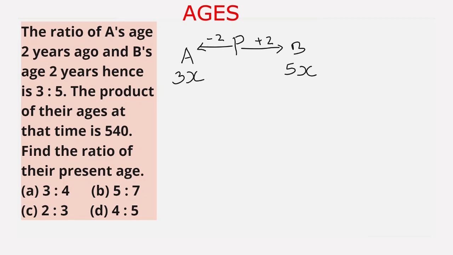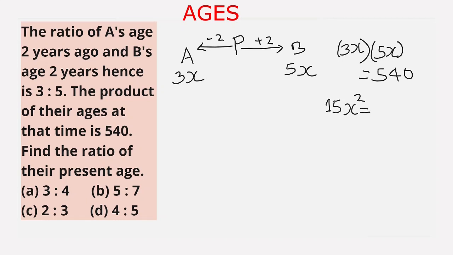And this product 3x multiplied by 5x is equal to 540, that is 15x square. 5 times 3 is 15 and x times x is x square equal to 540. 15 divides 540 for 36 times.